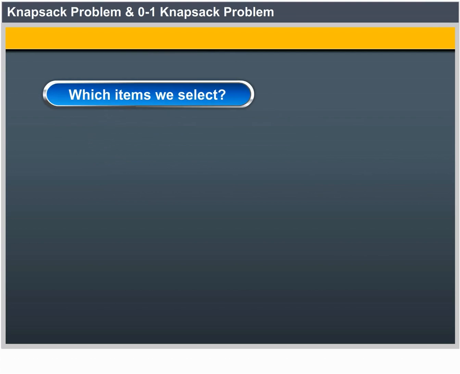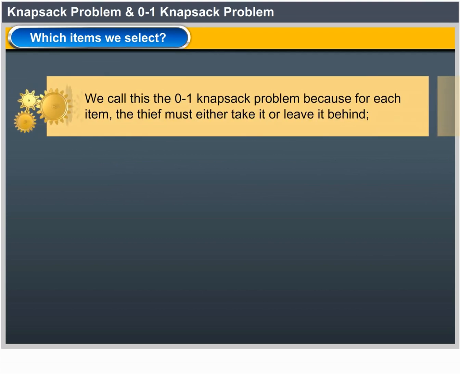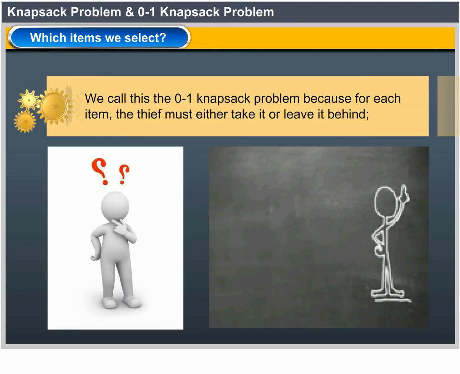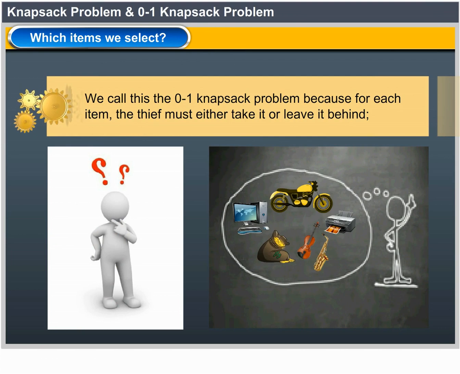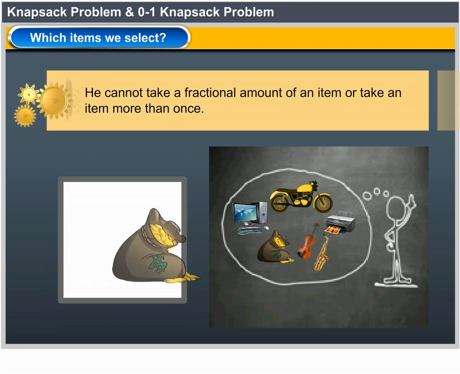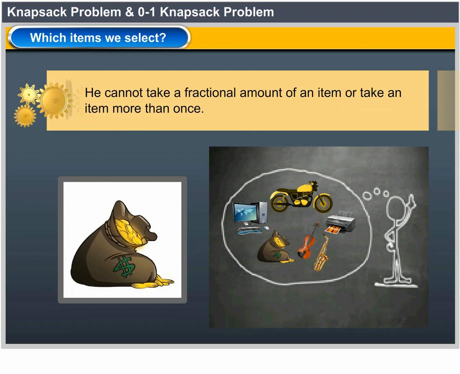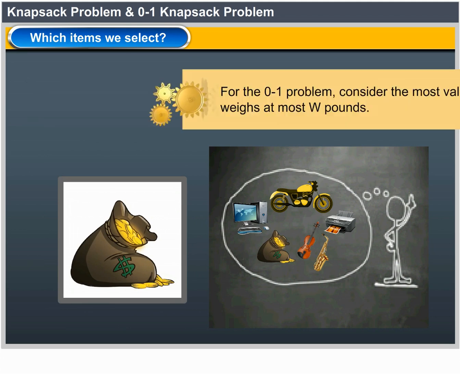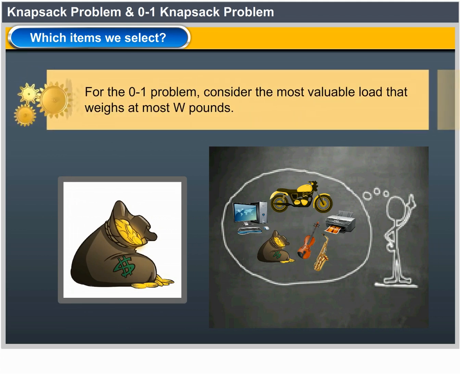We call this the 0-1 knapsack problem because for each item, the thief must either take it or leave it behind. He cannot take a fractional amount of an item or take an item more than once. For the 0-1 knapsack problem, consider the most valuable load that weighs at most W pounds.